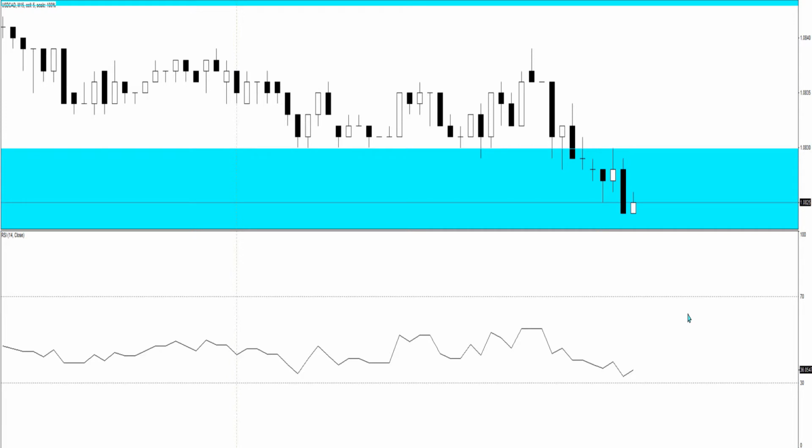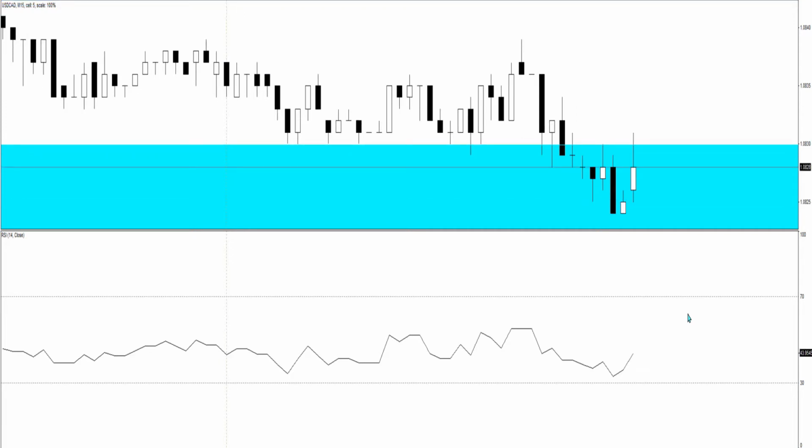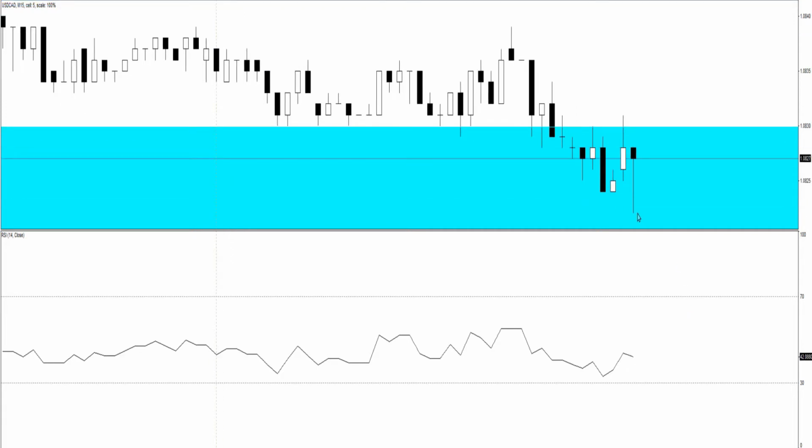Then we have a low being formed, and then here's our first clue, because we have a low on your price over here, and then prices are making lower lows, and the RSI is not doing the same. RSI is actually diverging at this point.